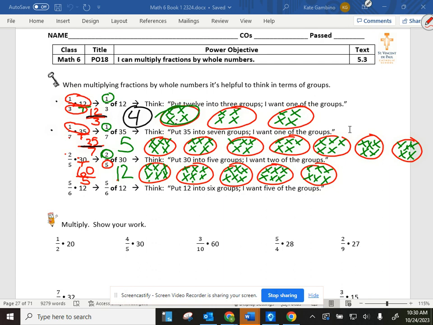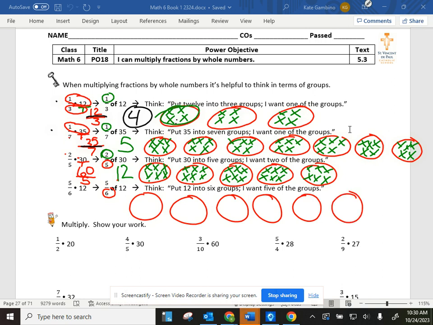Our next one is 5/6 of 12. So how many groups do I need? 6 groups. And I have 12. So I'm going to split those 12 up. 3, 4, 5, 6, 7, 8, 9, 10, 11, 12.